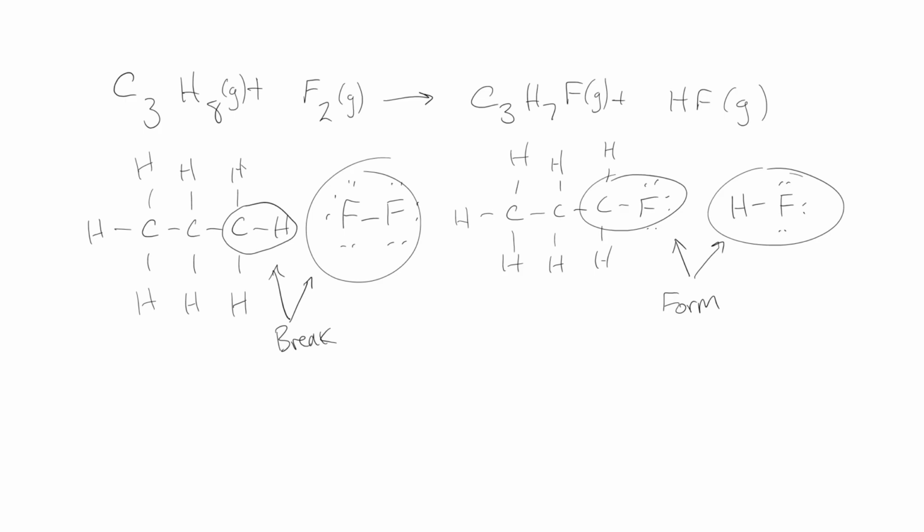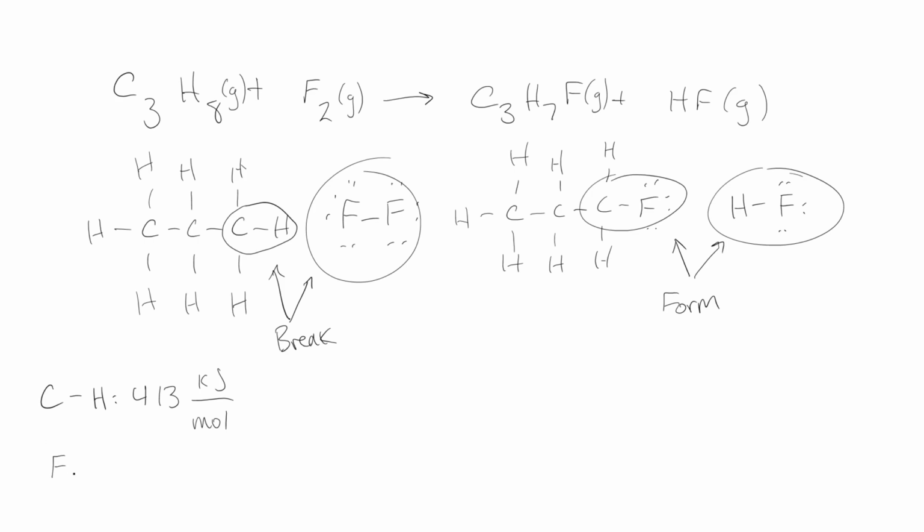So we can look up these values. The value of a carbon-hydrogen bond, how much energy is in that? Well, you have 413 kilojoules per mole. So for a mole of carbon-hydrogen bonds, that's 413 kilojoules.